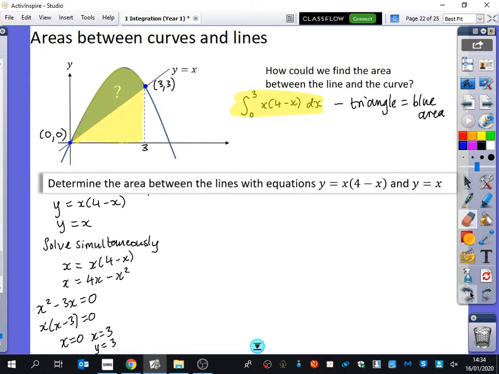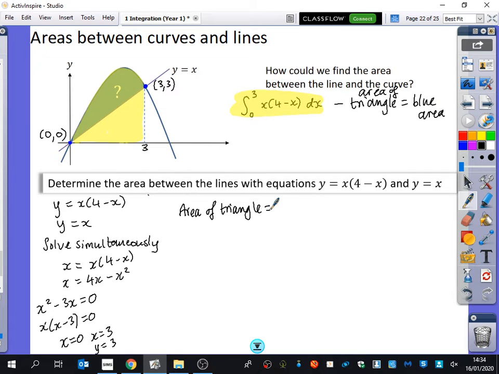So if you take away the area of that triangle section, you get left with the blue section. And that's exactly how we're going to solve this question. We're going to find out this integral. We're going to find out the area of the triangle. And then that's going to give us our answer. And we've got enough information to find out the area of this triangle. So why don't I start off with that bit, because that's going to be the easy bit.